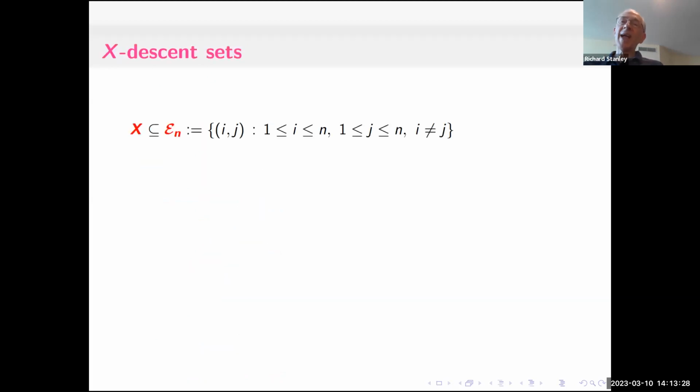So now let's generalize to X-descent sets. We're going to specify which pairs of consecutive terms in our permutation we're going to regard as descents. So let X be any subset of the set E_n, the set of all pairs (i, j) between 1 and n where i does not equal j.